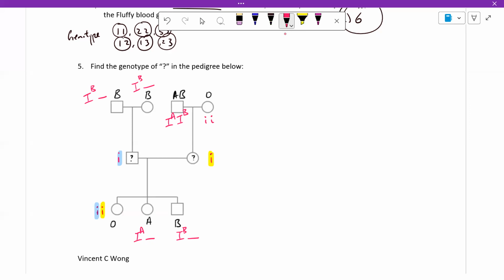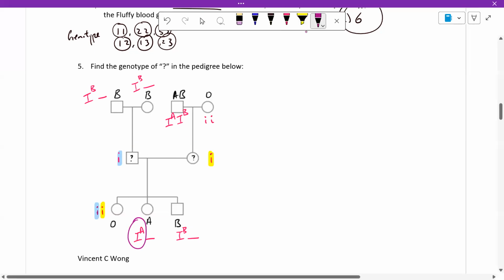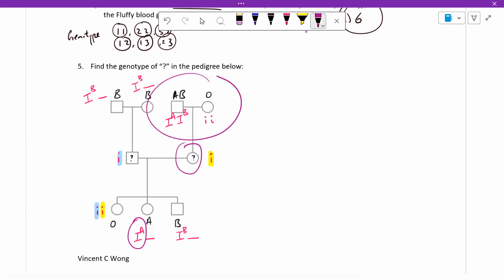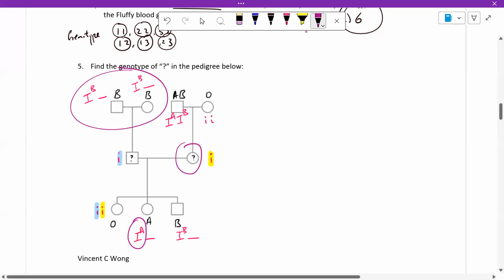Next, where does this A come from? Is it from the dad or is it from the mom? It has to be from the mom, right? Because if you trace back one generation further, these grandparents don't even have an A. How do I know they don't have an A?